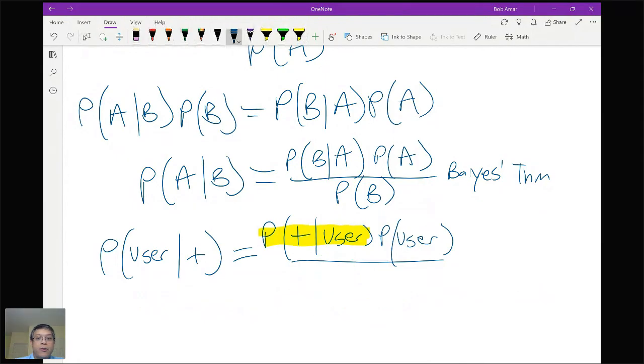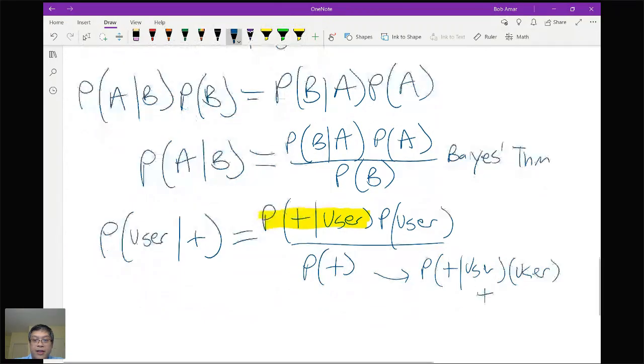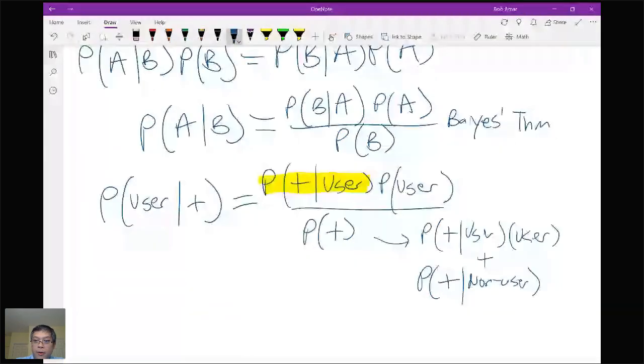The probability of a positive test is going to be the numerator on top, and then the sum of that and the probability of a positive test with a non-user, right? And there should be a probability there.